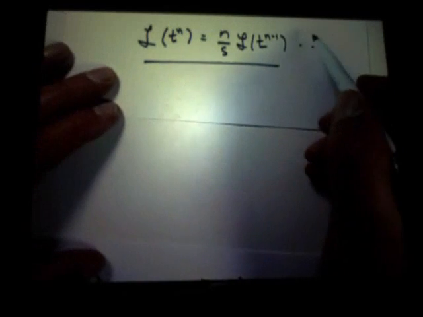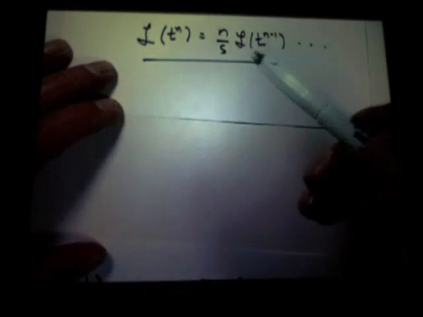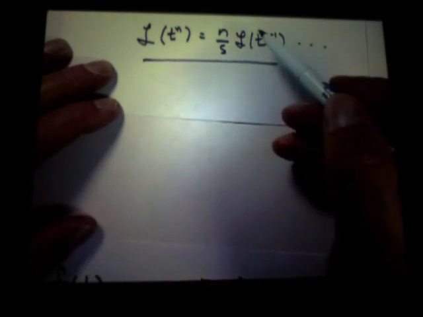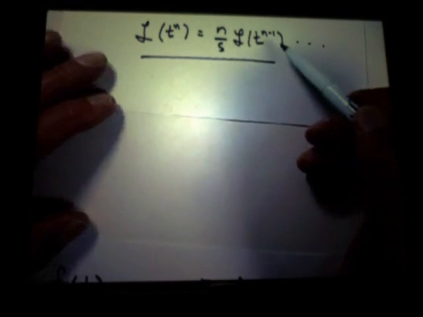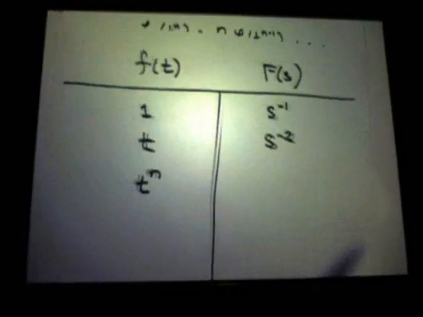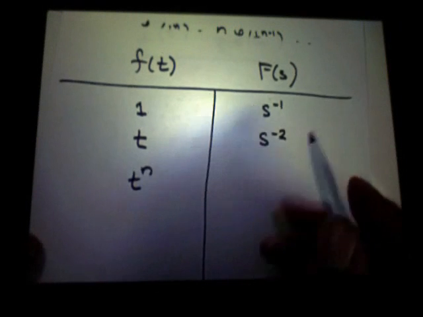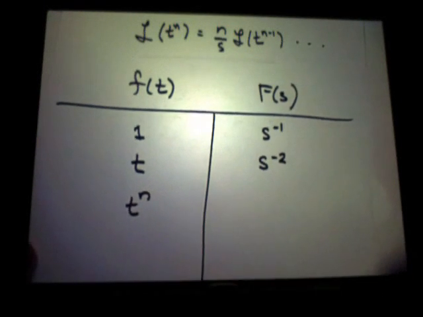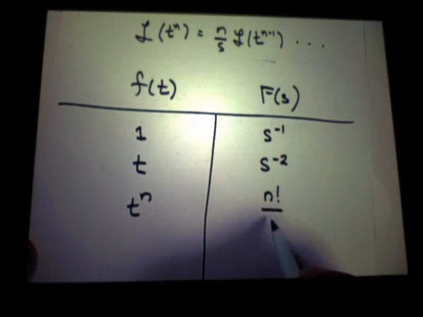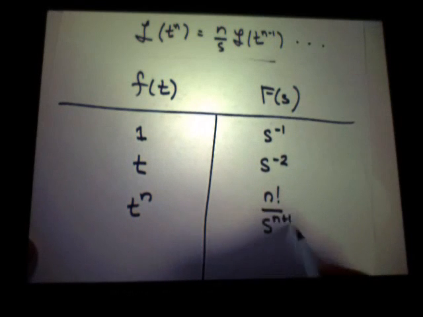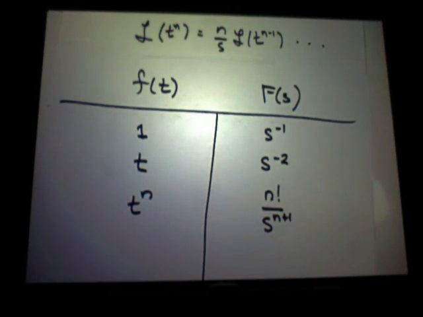This one then would be n minus 1 over another factor of s times the Laplace transform of t to the n minus 2, and we run that all the way back down, and I think we get n factorial over s to the n plus 1. Okay? All right, that's good.